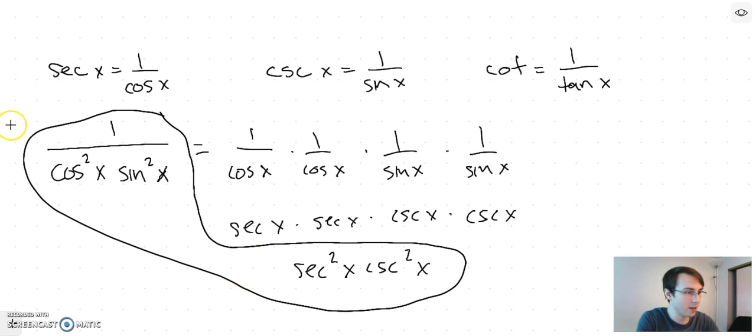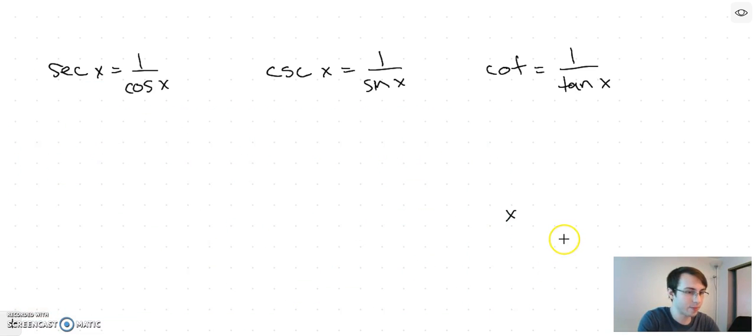Let's do another example. Let's say that we had something kind of ugly like cosecant x over cotangent x times secant x.